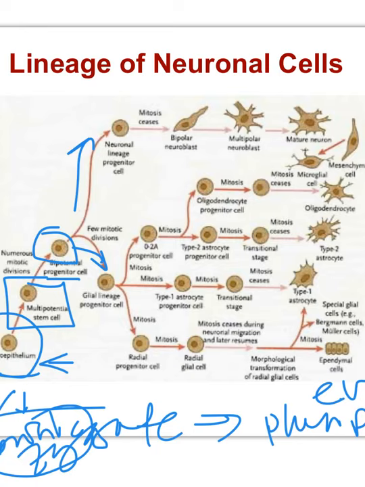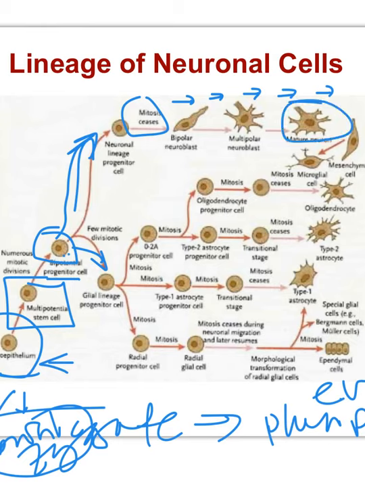So if this cell got the signals to go here, turned on genes, turned off genes, right? No more mitosis, and then it just differentiates, gene expression, cell signaling, becomes a neuron. Woohoo! Right? If this guy went different, genes turning on and off, glial.